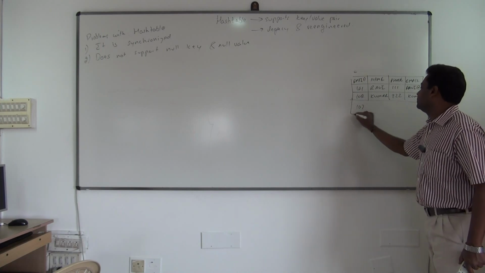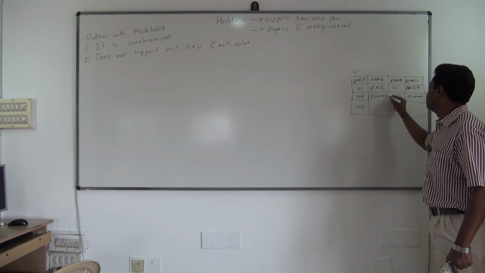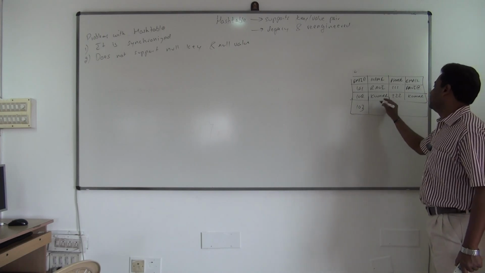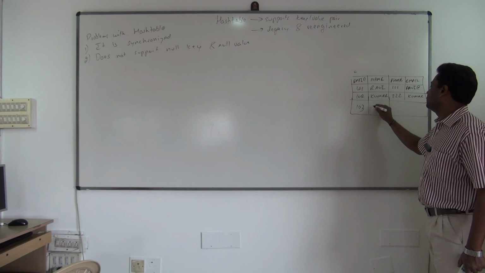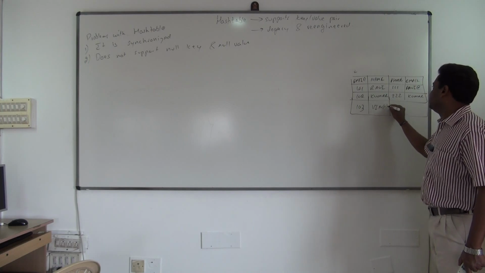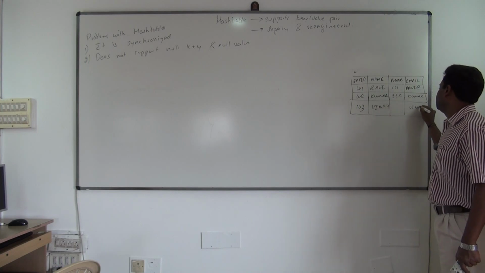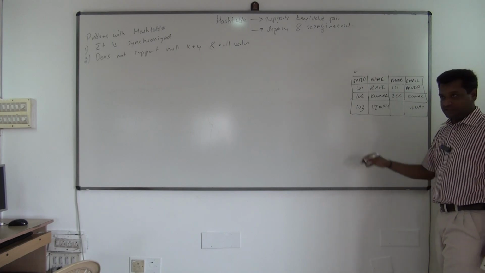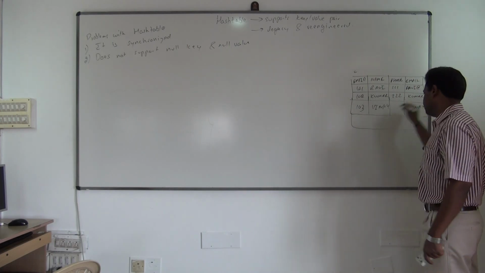So now there is an employee, possible chance that Ravi Kumar, Vinay, he doesn't have a phone. Possible now. There's another employee. Just see the scenarios you might get.